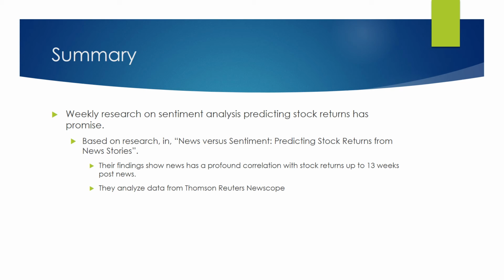They analyzed data from Thomson Reuters Newscope, which is a different focus. I'm focused more on Social Market Analytics, SMA's raw score data. We do find that the weekly rolling averages add value to our predictor variable in predicting daily returns on the spot forex of the euro.